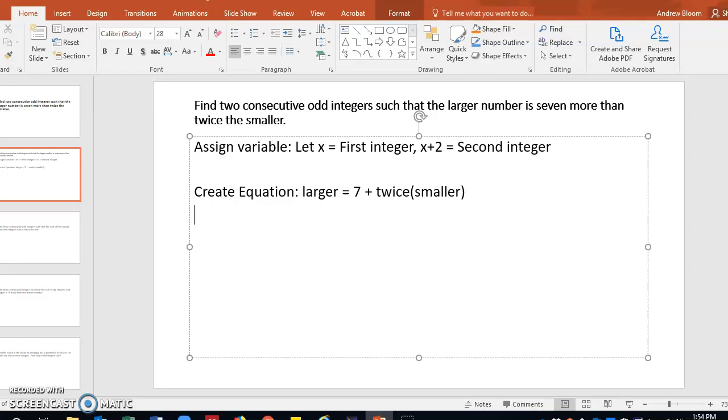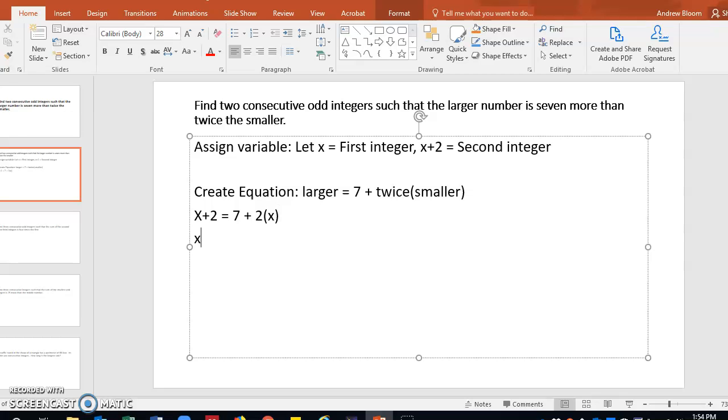Our larger number, which we actually know is x plus 2, is 7 more than twice the smaller number. And so twice, that represents multiplication, right? We're doubling our number, which means we're going to multiply it by 2. And we can go through this process every single time.